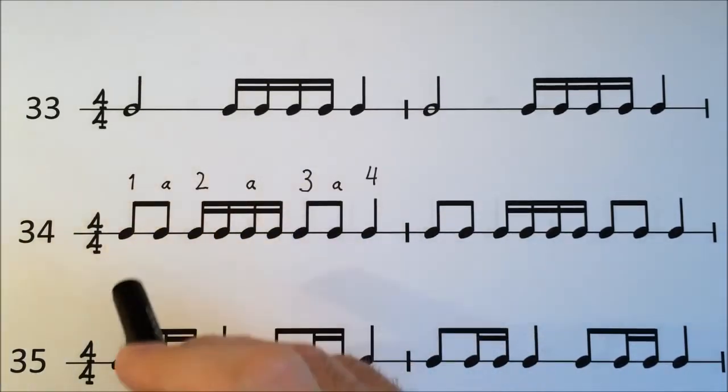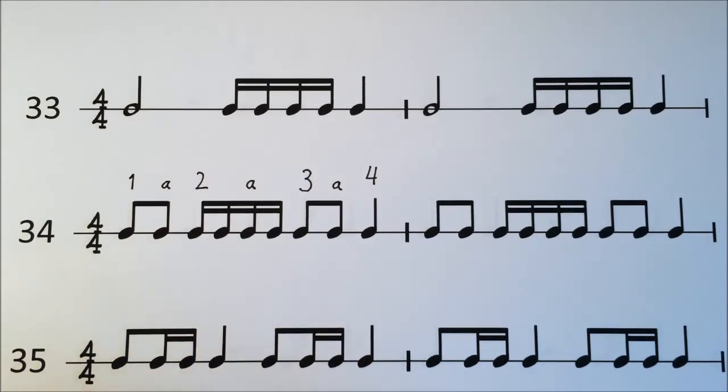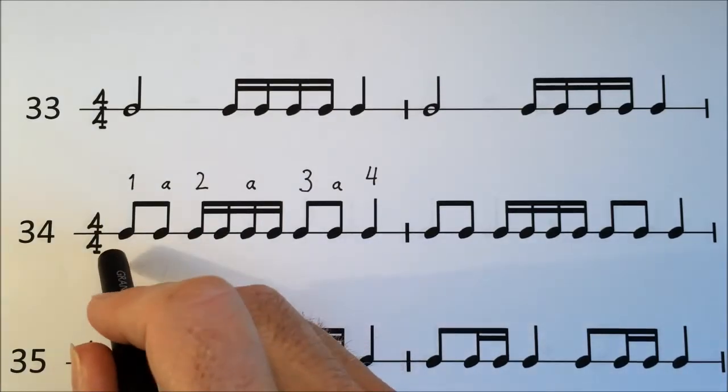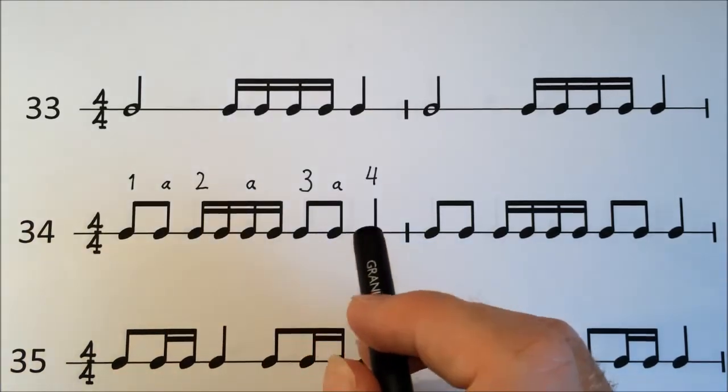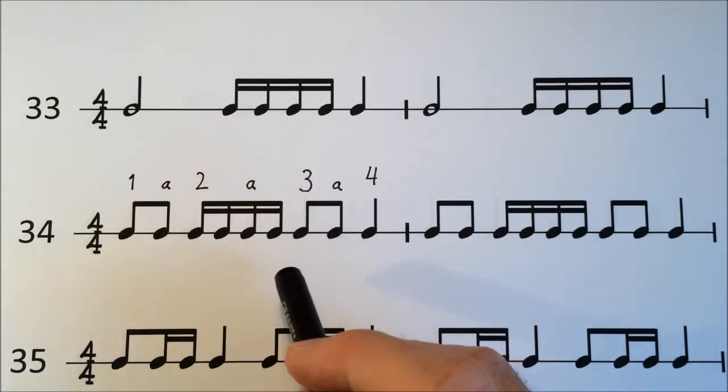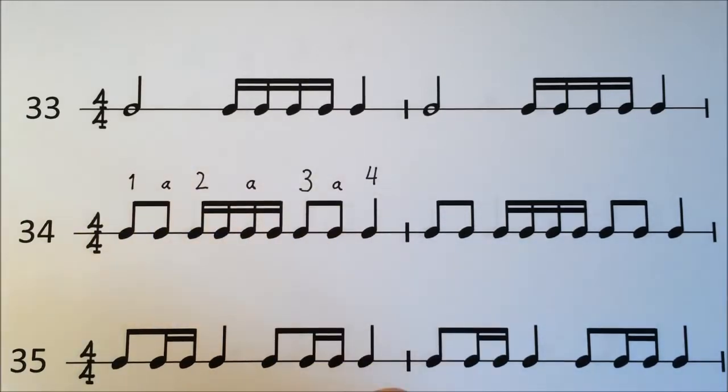So we had 4 quick notes on the second beat. One more time: 1 and 2, 3 and 4. So how do we say that? We have the and already.